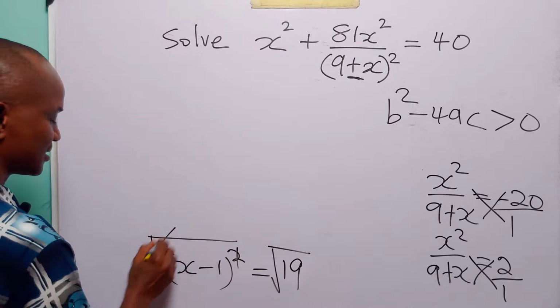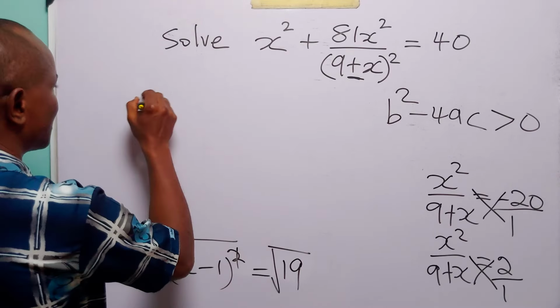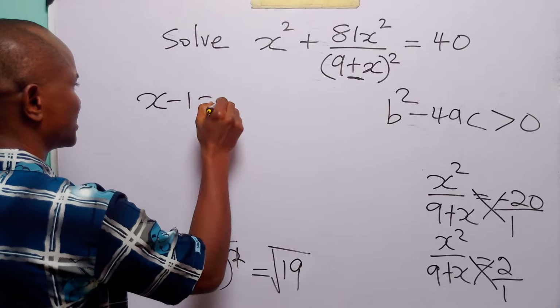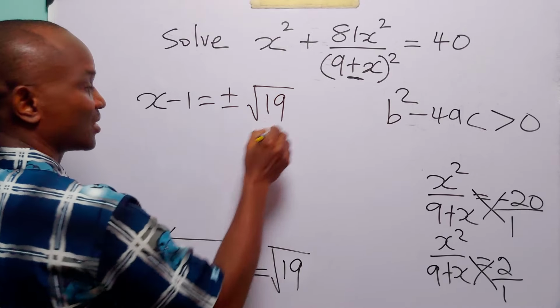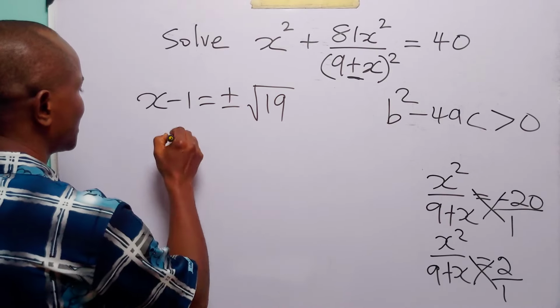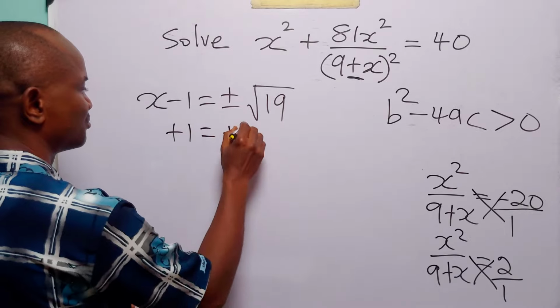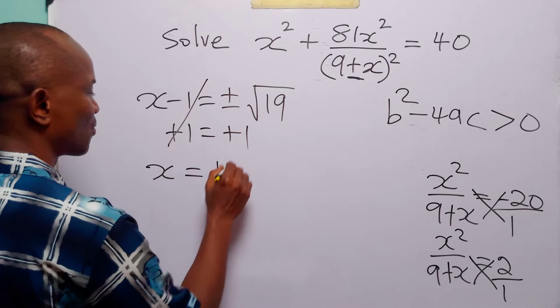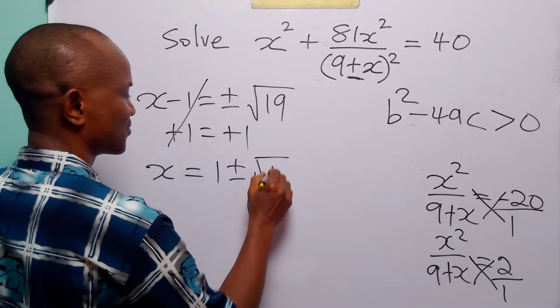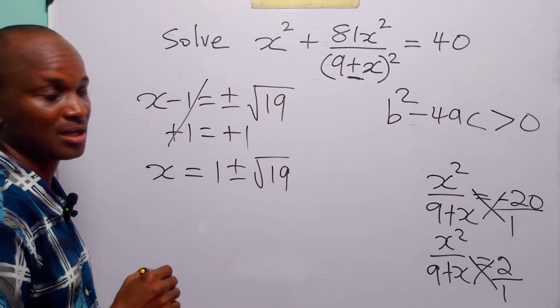When we do that, this is going to take care of that. And we have that x minus 1 is equal to plus or minus the square root of 19. When we add 1 to both sides of this equation, we have that x is equal to 1 plus or minus the square root of 19.